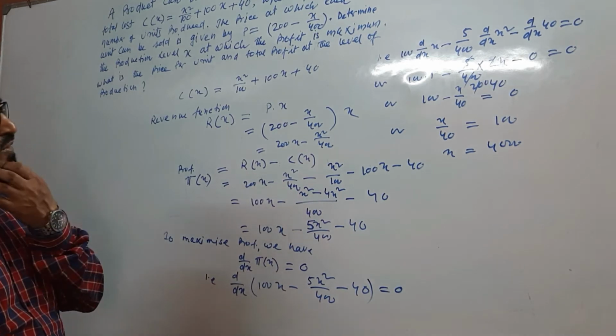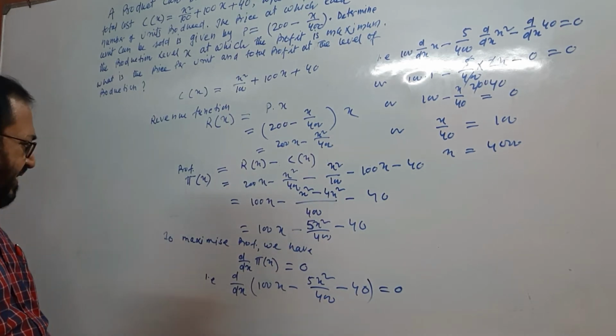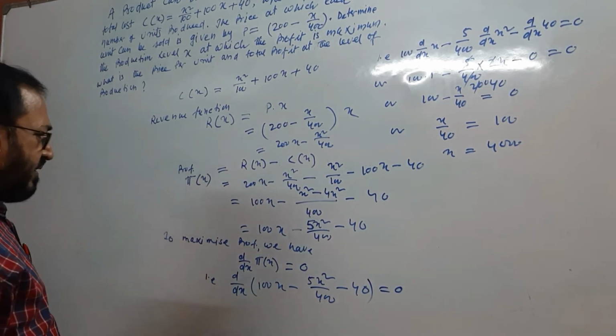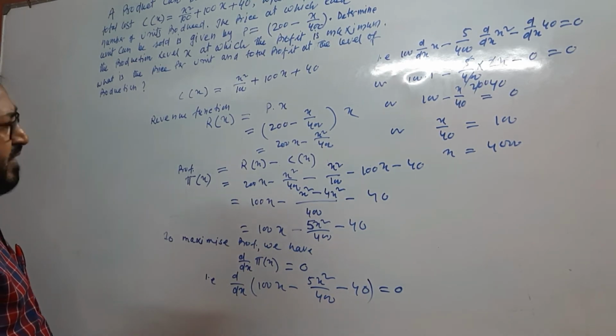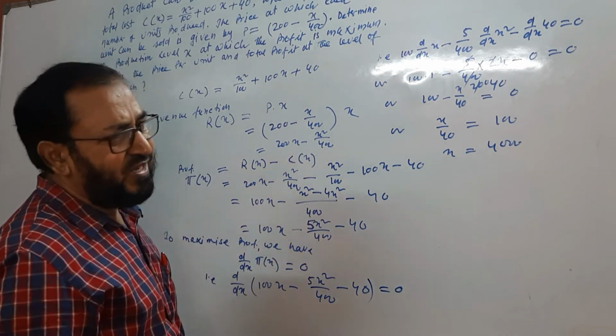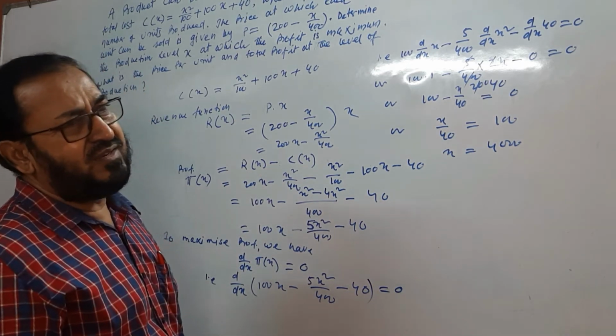That is the required number of units. It should be 4000 to maximize the profit, subject to the second order condition being fulfilled.